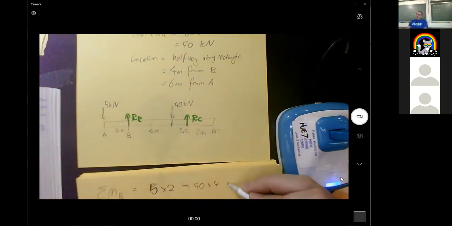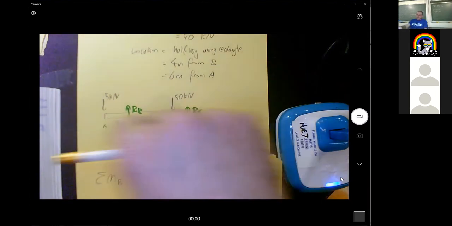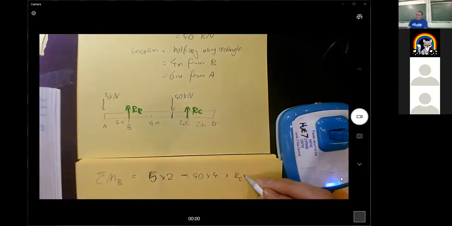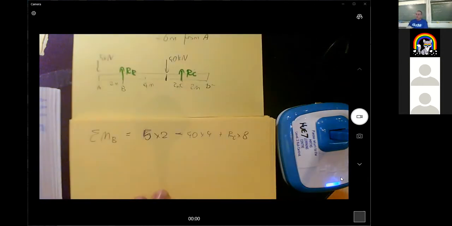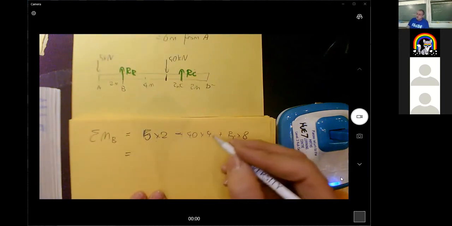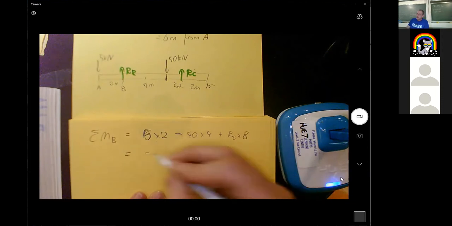And I've got the reaction at C acting at 2 plus 4 plus another 2, so 8 meters away and going positively. Cool. So I've got 10 minus 80.